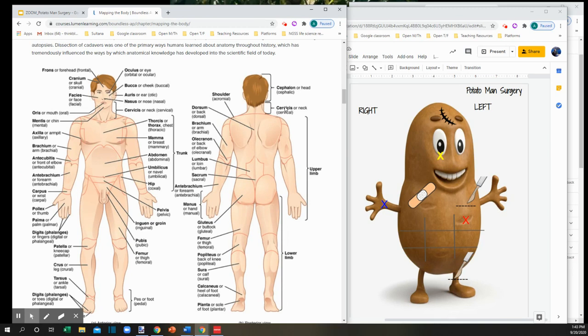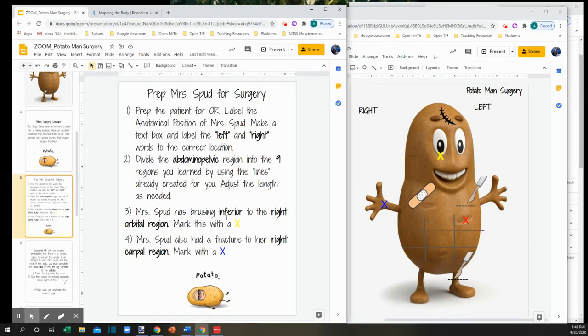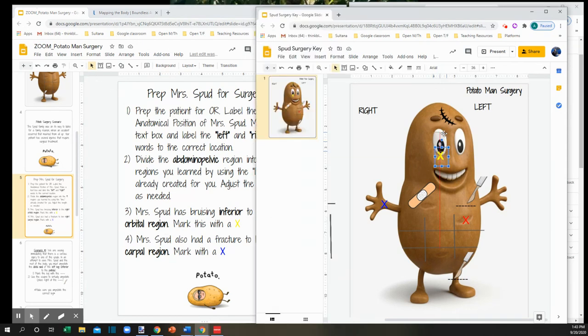Some people did it right on the surface, maybe up here. Some of you did it here, which would have been more lateral. But inferior means under or below or away from, so that's the correct location. If it was somewhere in this region below the eye, it was fine.